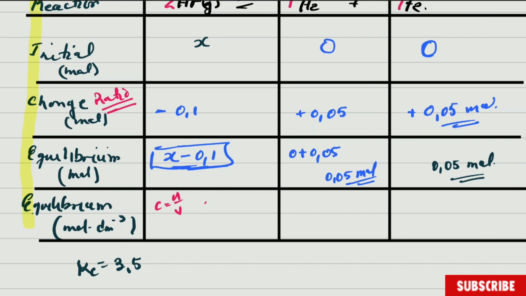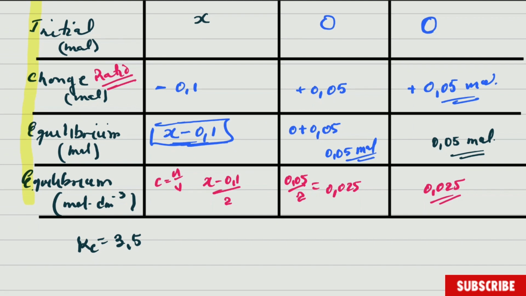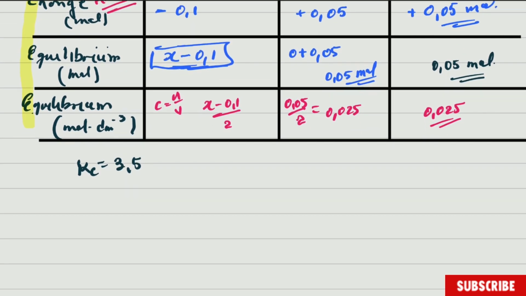So in this case it will be x minus 0,1 divided by 2, which is the volume, guys, and in each of them you will then have to calculate 0,05 divided by 2, which is equal to 0,025, and guys, here is going to be the same, 0,025. All we have to do now is to use the Kc equation.